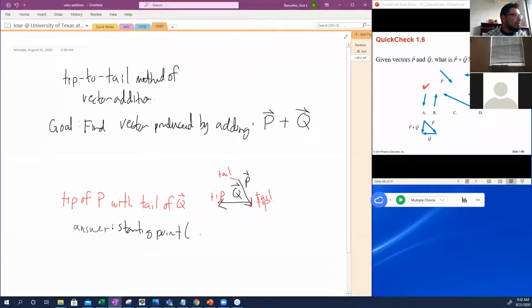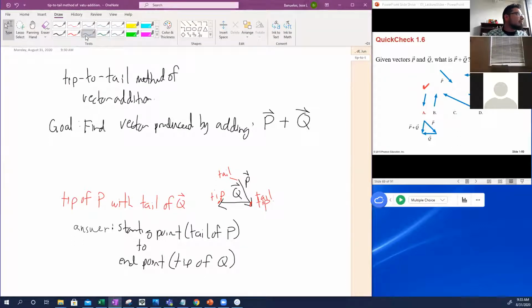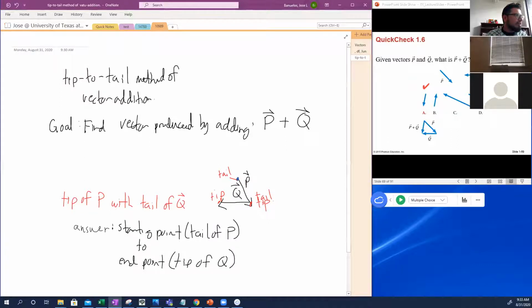In this case, the starting point was the tail of P. And then it's going to be an arrow that connects the starting point to the end point, which is the tip of Q. So when you look at your cartoon there, we're going to connect it that way, where we say, okay, we started here, and then we're going to end at the tip of Q. So your answer is this arrow that I've just drawn in blue.